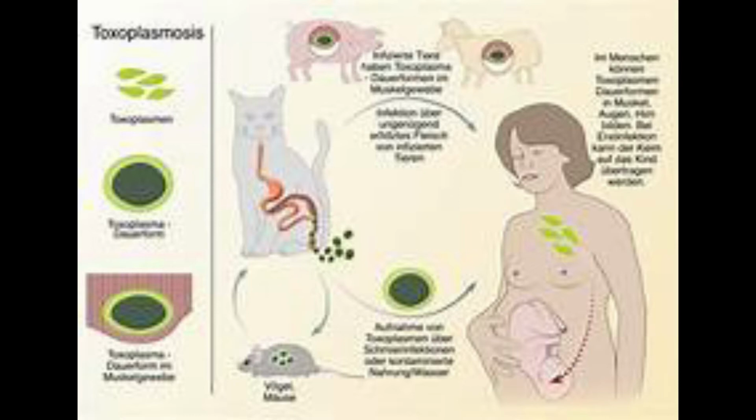Pre-pregnancy serum analysis can be done to identify women who have never had the disease and so are susceptible, or about 50% of women. Removing a cat from the home during pregnancy as a means of prevention is not necessary as long as the cat is healthy.